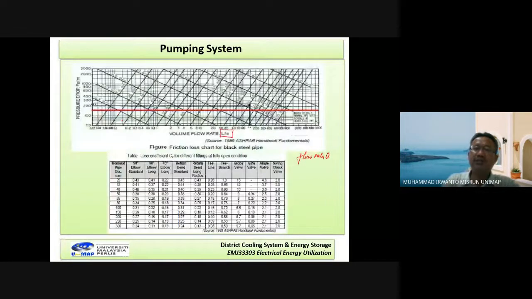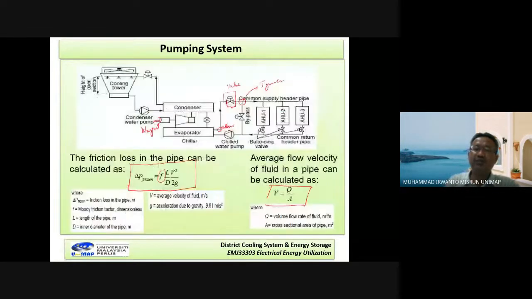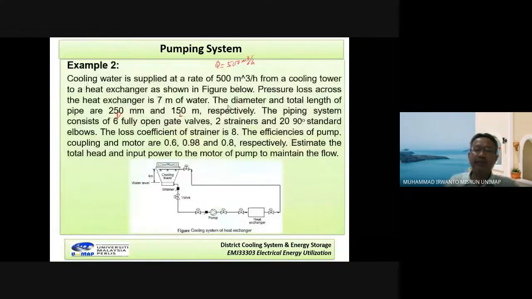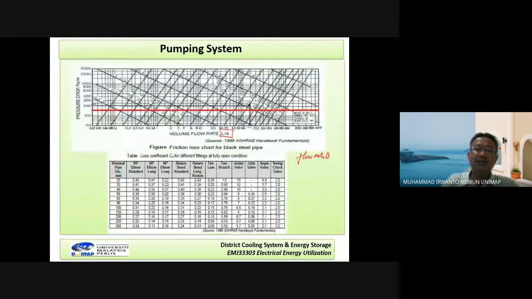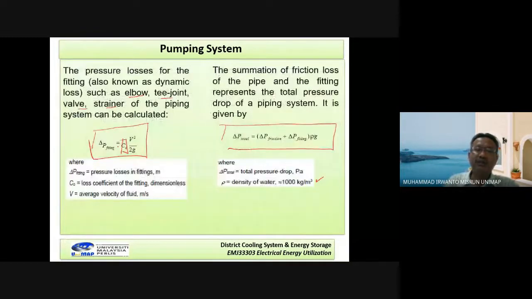If we refer here, we have the 6 valves: 1, 2, 3, 4, 5, 6. So in this formulation there should be a multiplication by 6, following this one.